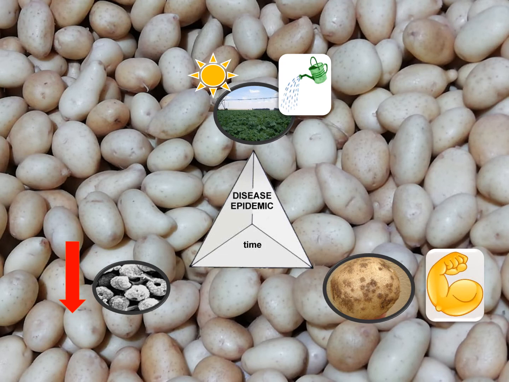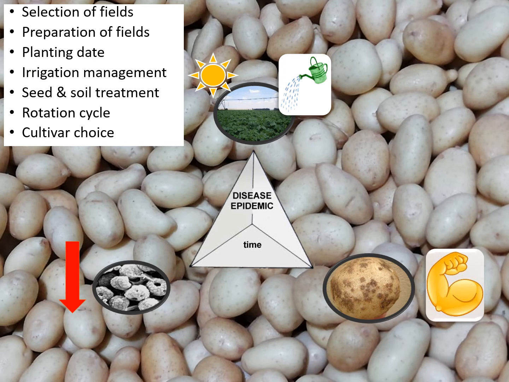So bringing it all back together, we want to have a look at what we can do to strengthen the plants again. So we need to have a look at the selection of fields, the preparation of fields, planting date, irrigation management, seed and soil treatment where necessary and where economically feasible, rotation cycle, and cultivar choice.